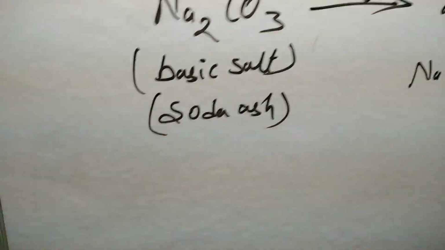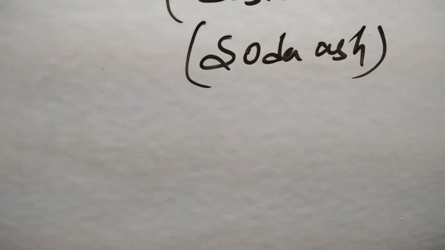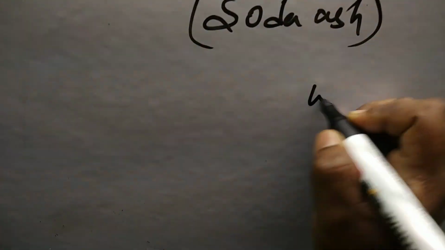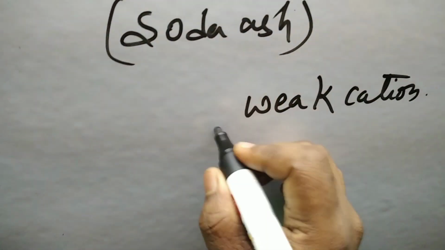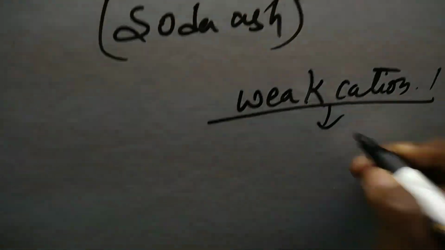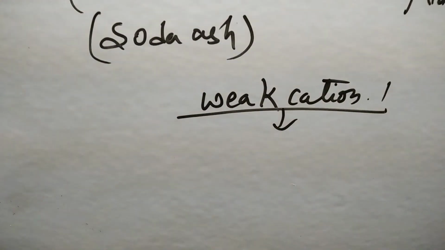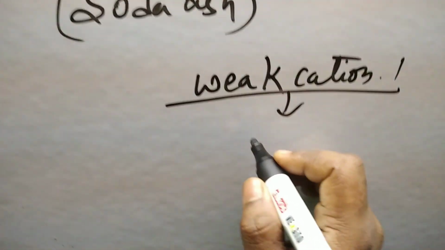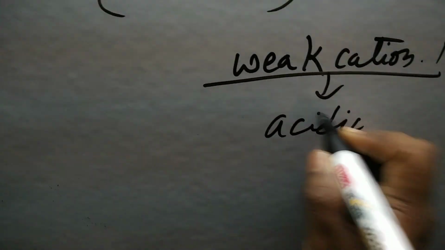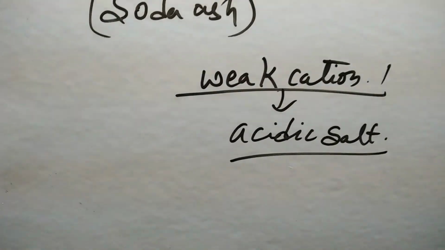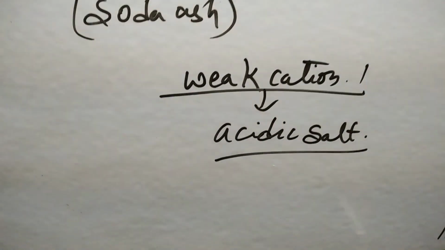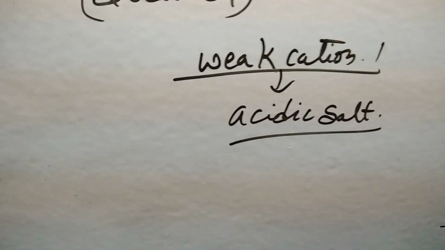How will you understand which one is a weak cation and which one is a weak anion? For the weak cation, you will understand from the salt which is acidic. Okay students, when an acidic salt reacts with water, a weak cation is formed.